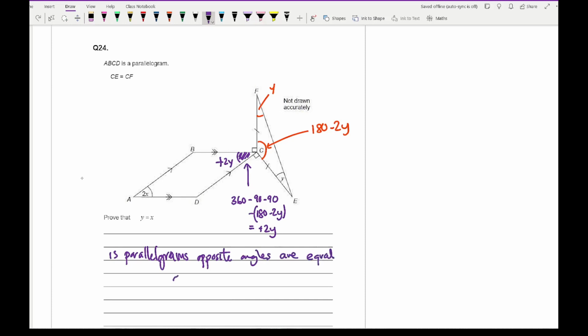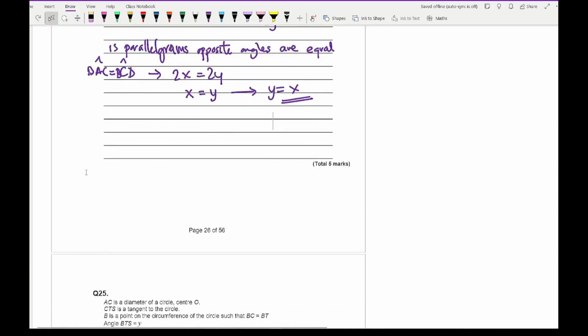So therefore 2x equals 2y, and that is from BAC equals, oh, BCD. And from this, if we divide both sides by 2, I end up with x equals y, or y equals x, and there is my final answer, and I've proved that y equals x.